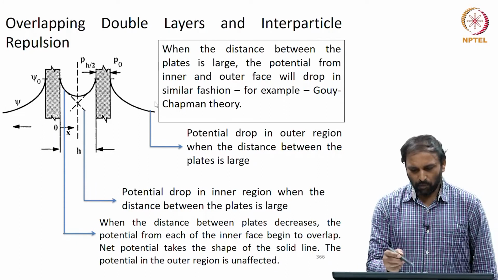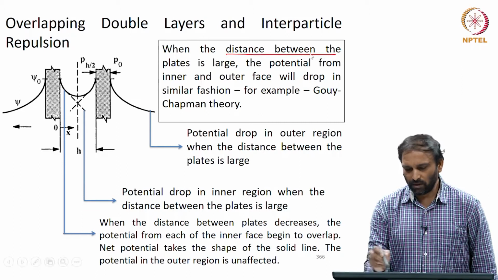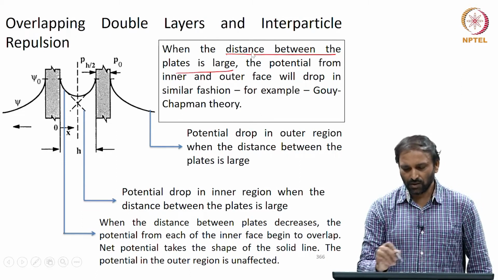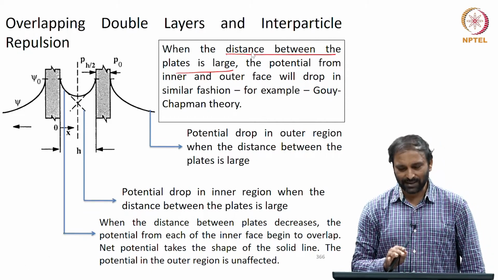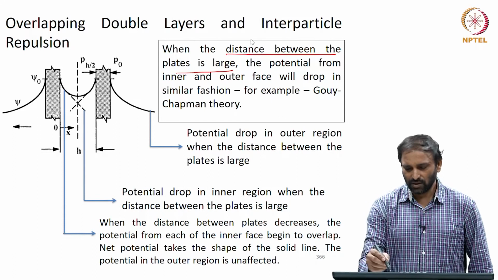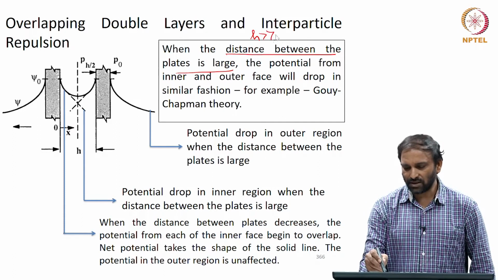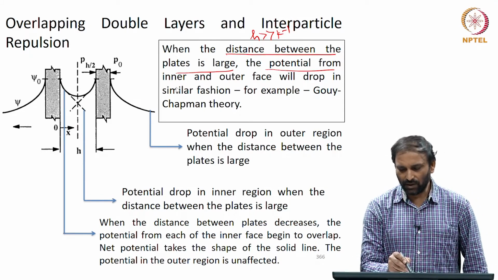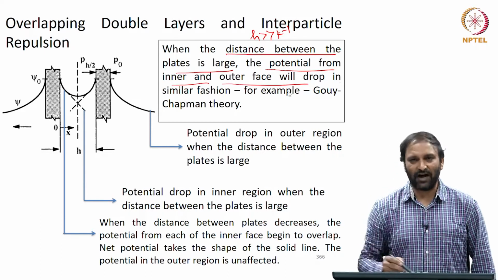I have already made this point, but I would like to go through it again. When the distance between the plates is large, and we always talk about distances in terms of some characteristic length scales, so in this case the distance h is larger than kappa inverse, the potential from the inner and the outer face will drop in a similar fashion.